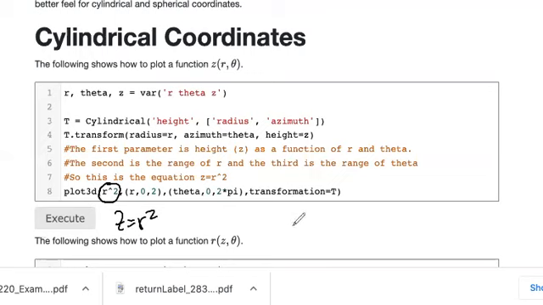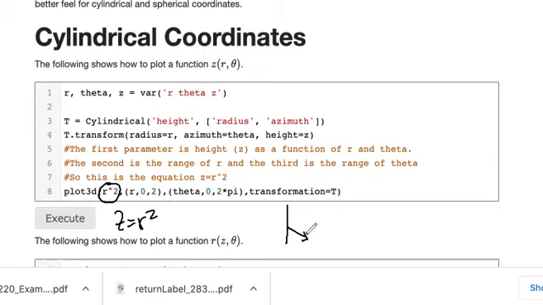So R is the distance away from the Z axis, quite literally. It's just like in polar coordinates, the distance from the origin, but you can raise that up and down. So it's the distance from the Z axis. So z is equal to the distance from the z-axis squared.